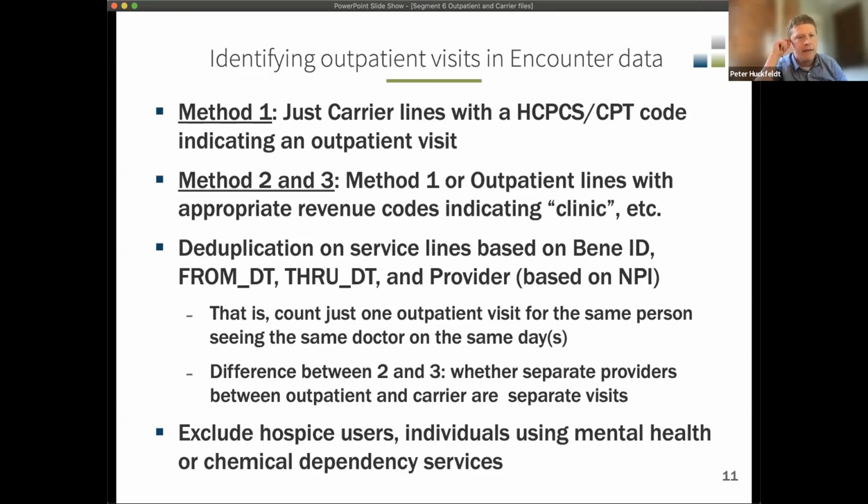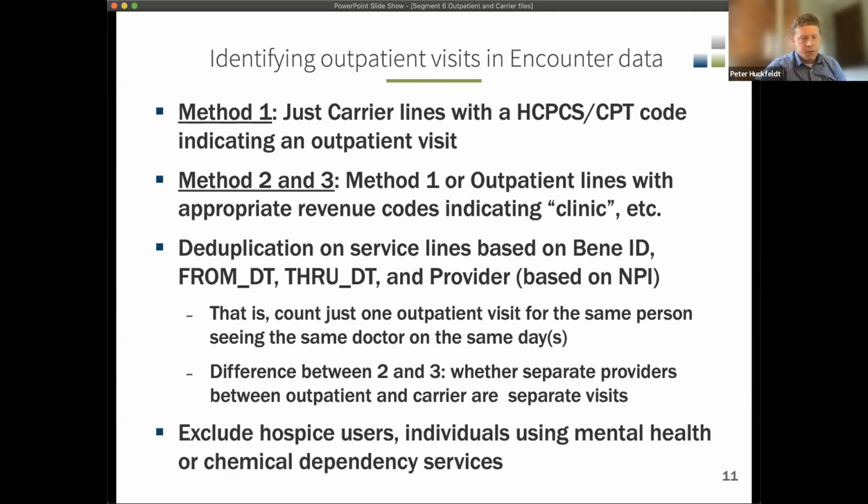And so then for all these methods, we've identified these service lines and we basically want to not double count visits.